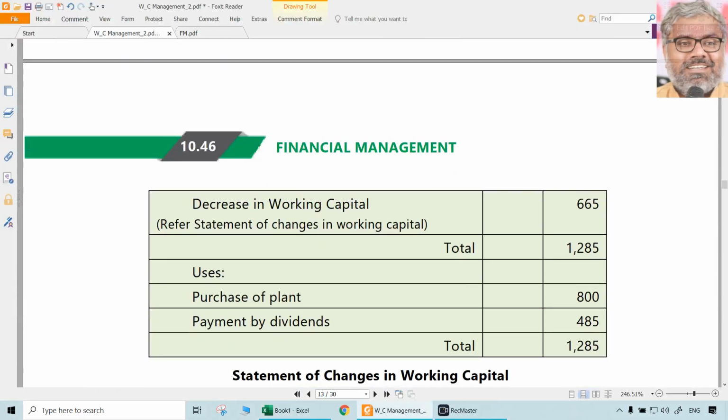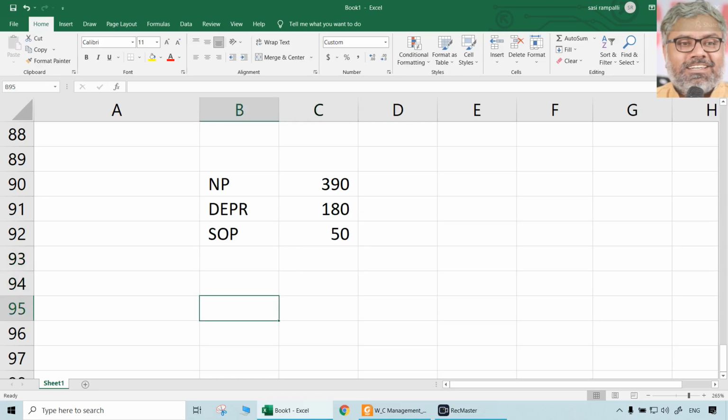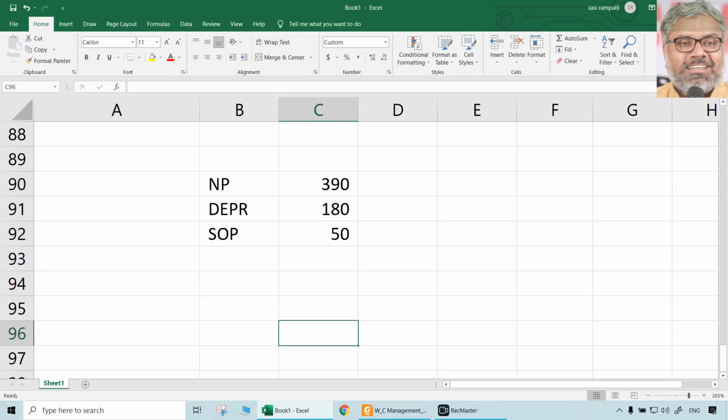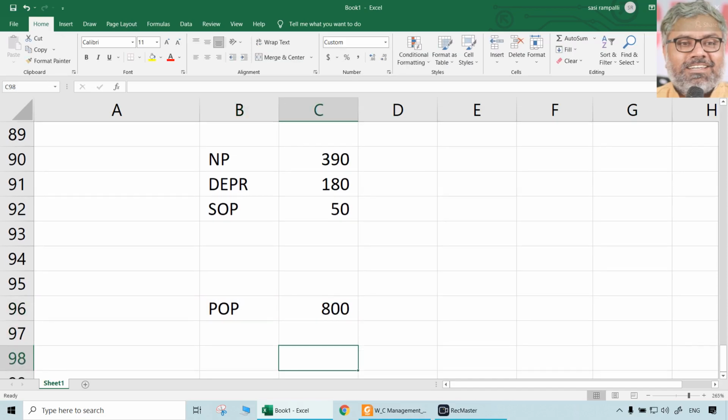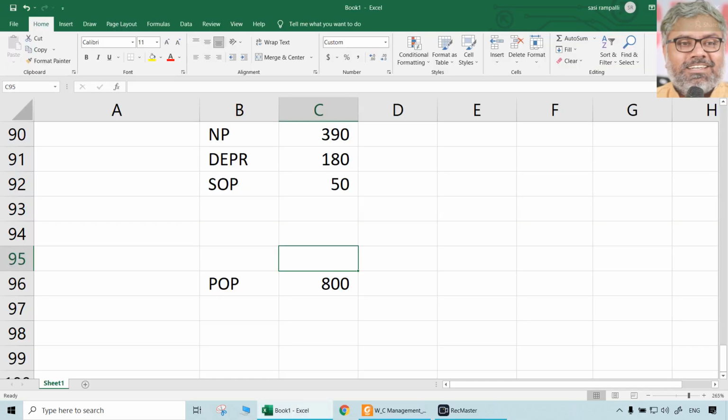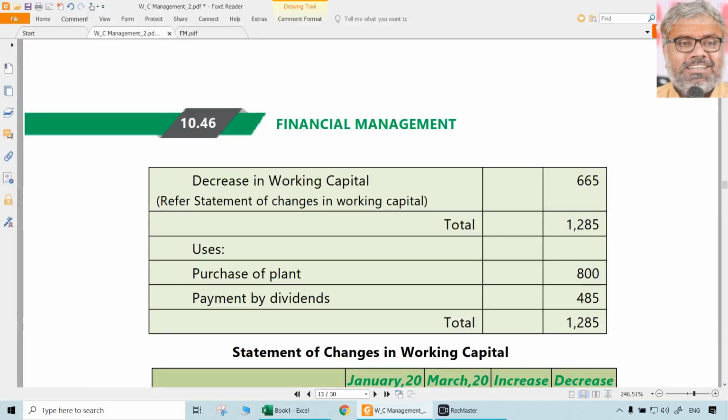Then you will have other things like uses. Uses are what? Purchase of plant, that is 800. Then also dividends were paid in one of the months.